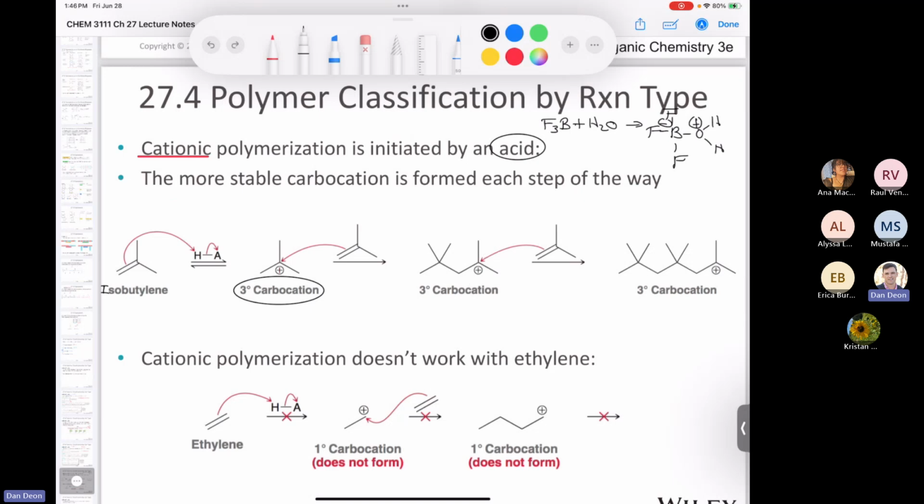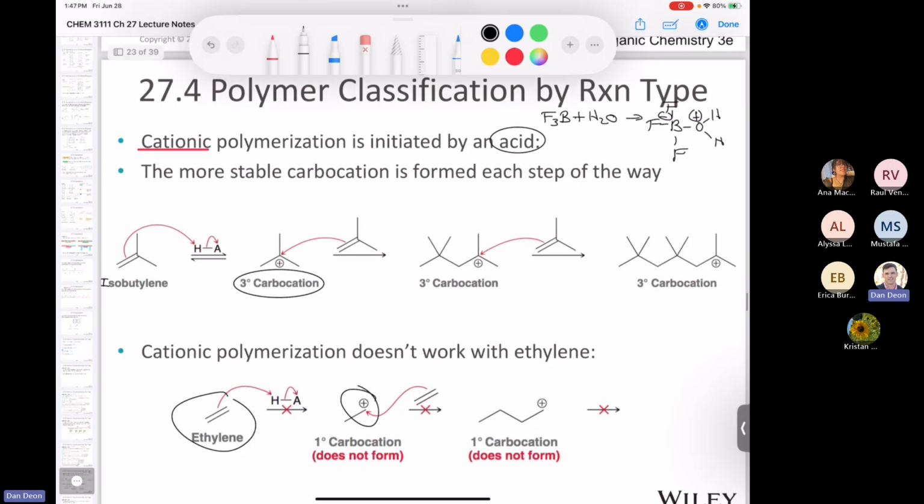Whereas with something like ethylene, cationic polymerization doesn't even happen. Now, if you're saying, well, why not? It can't happen, right? Because you end up with a primary carbocation, and that is a huge no-no in organic chemistry. It's so unstable, it just doesn't happen. And since it doesn't happen, it doesn't happen. That's like a debate-worthy performance there.